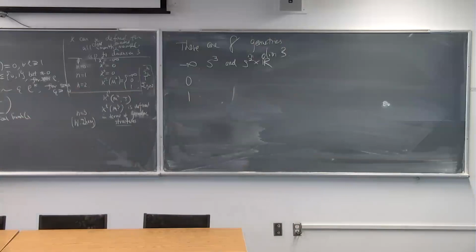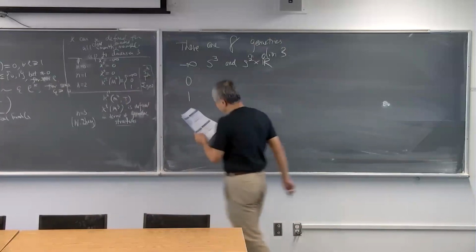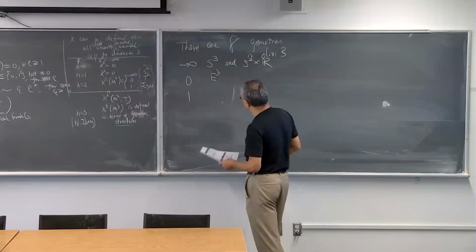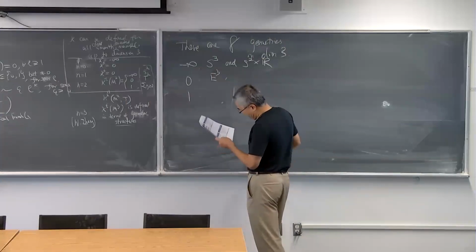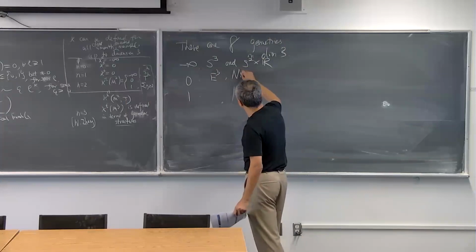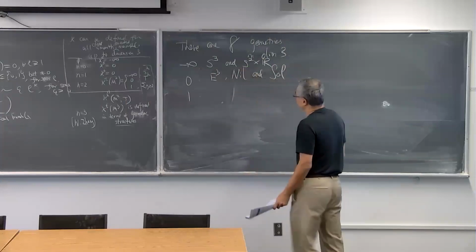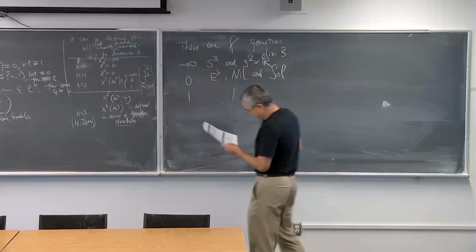So I started with just this, using the Thurston program. That's right. Exactly. These are S3, then the Euclidean geometry, the Nil geometry, and the Solv geometry.